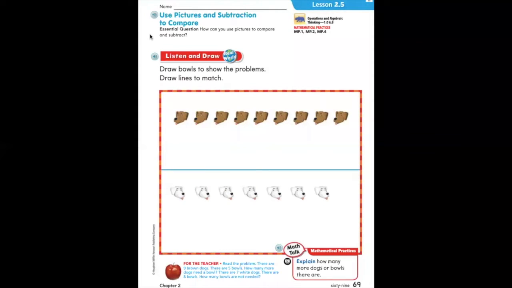We are going to draw a row of bowls below the brown dogs to match our word problem. Let's draw 5 bowls, just like it said in the problem. Now let's draw lines to match the bowls 1 to 1, 1 bowl for each dog.